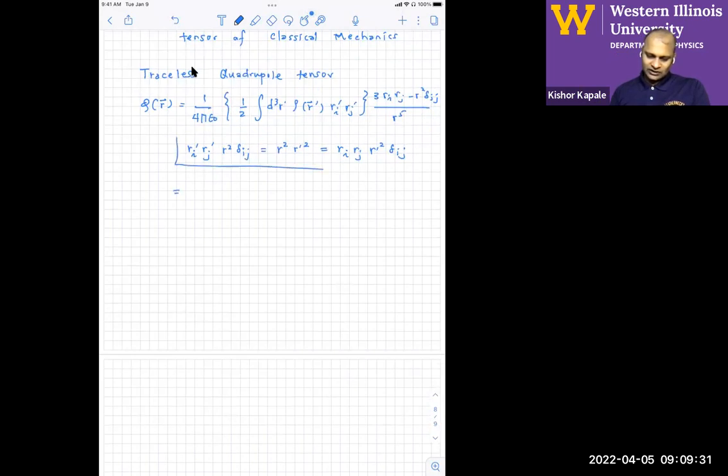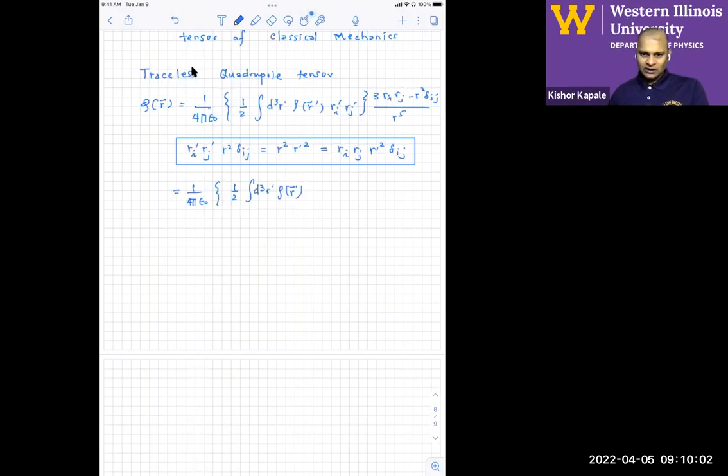So using this, we can write down the potential as half d cube r prime, rho of r prime. So no change there so far. What we are doing is, with ri rj and ri prime rj prime, we're just changing the role of these, right?